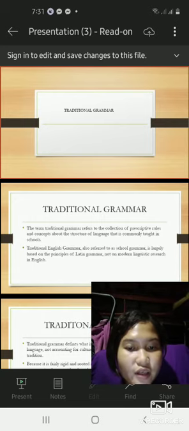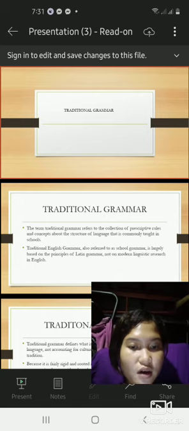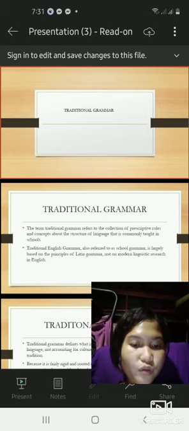Traditional English grammar, also referred to as school grammar, is largely based on the principles of Latin grammar, not on modern linguistic research in English, because the descriptive one is often more modern because of its type of words.